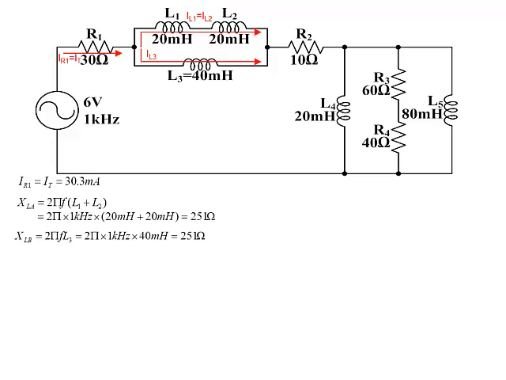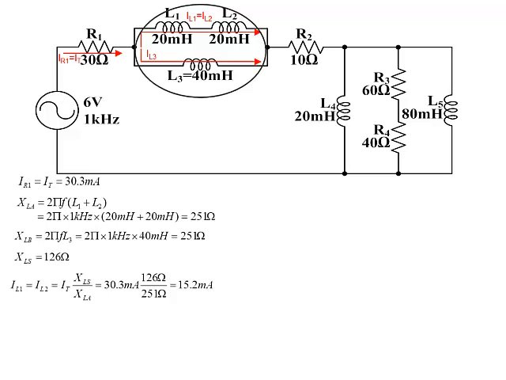The impedance of this parallel section was worked out earlier as XL series, the series inductive reactance, and it is 126 ohms. The current divider formula can now be used to calculate IL1 and IL2 and IL3, with all three currents working out to be 15.2 milliamps.